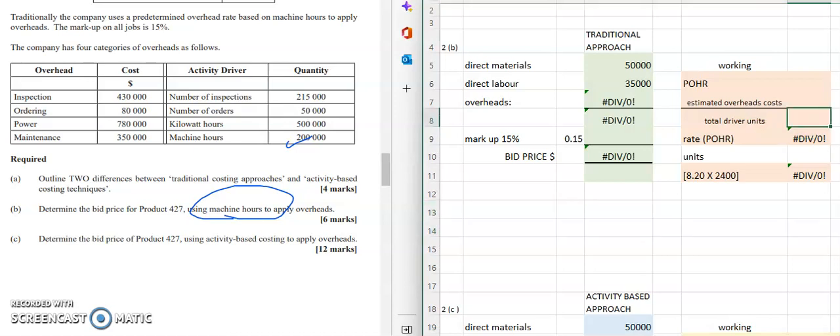All right, and type in 200,000. And for the estimated overheads, it said these four things here are the estimated overheads. So I'm going to add all four of these together to arrive at the total estimated overheads. All right, so let's quickly add this up.